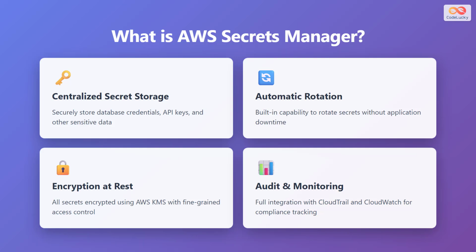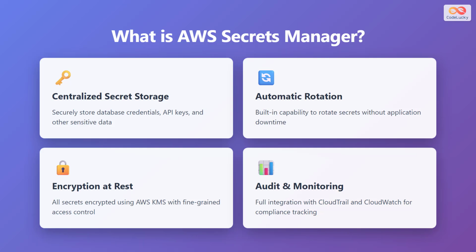AWS Secrets Manager is a fully managed service designed to protect access to your applications, services, and IT resources. It provides centralized secret storage, allowing you to securely store database credentials, API keys, and other sensitive data in one place. One of its most powerful features is automatic rotation, which has built-in capability to rotate secrets without causing application downtime.